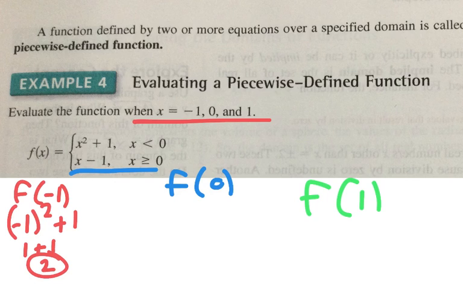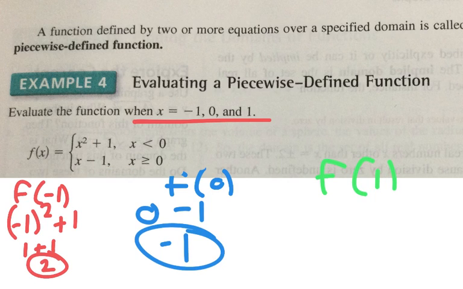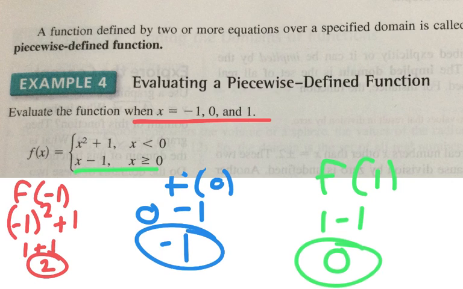So when I plug in 0 for x, I'm going to get 0 minus 1, which evaluates to be -1. And then the last piece, I'm evaluating when my x value is 1. So when x is 1, I'm going to plug into the bottom piece again. So that would be 1 minus 1, which evaluates to be 0.